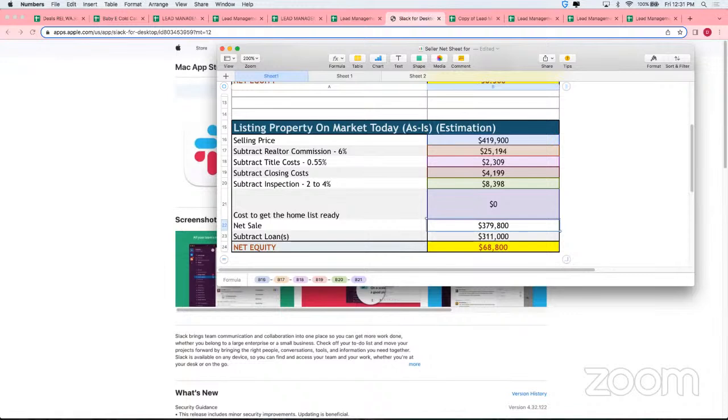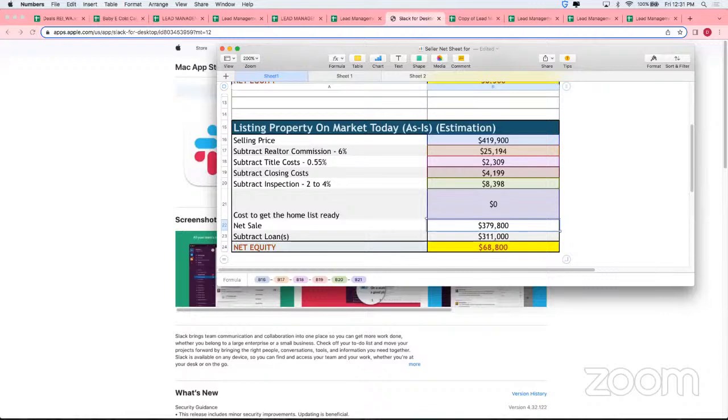If I'm charging 8% as the seller's agent, then unless I otherwise disclose it in MLS, the buyer's agent gets 50% of that.